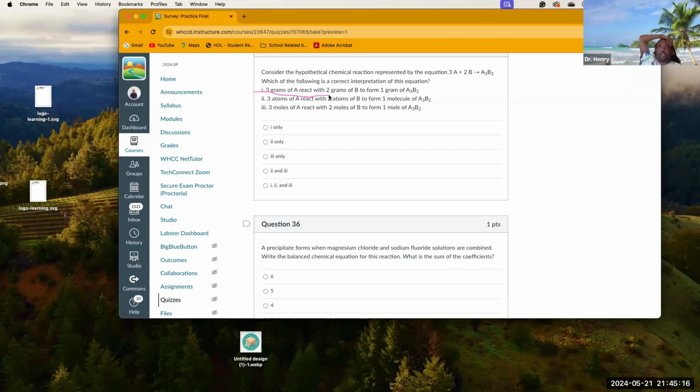You're one person, you weigh how much you weigh. I'm one person, I weigh 225. So my mass is not the same as my quantity, okay? So when we talk about this chemical equation, this is representing quantity. It's not representing mass. So we know that that one isn't right.